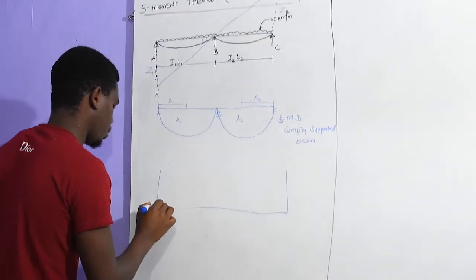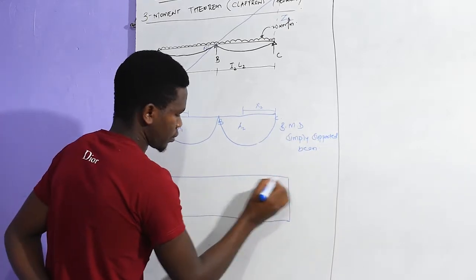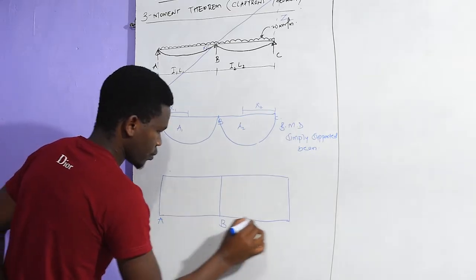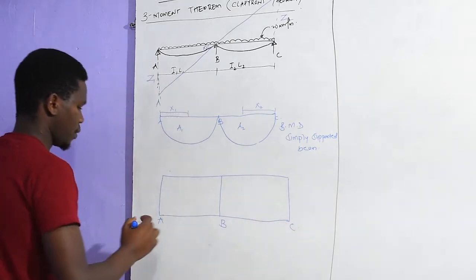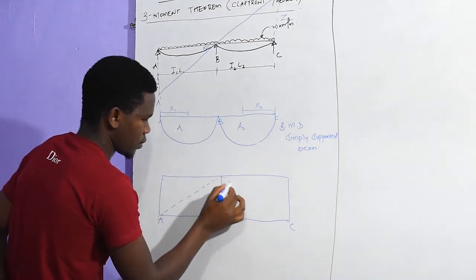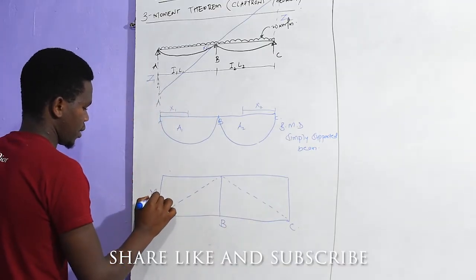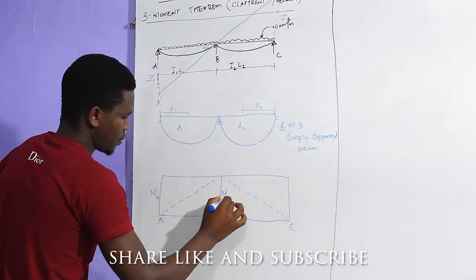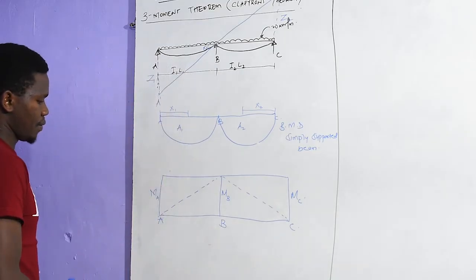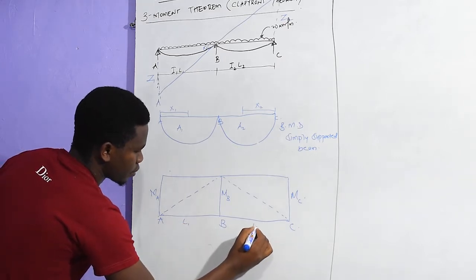For a beam with fixed ends, at point C, like so, you can divide this one. So this is the moment at A, this is the moment at B, and this is the moment at C. This is length L1, this is length L2.